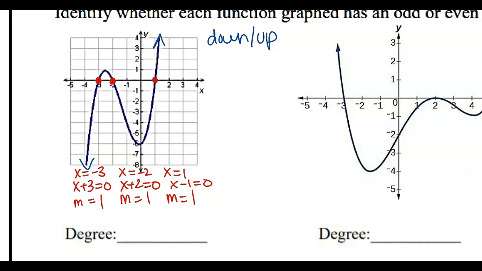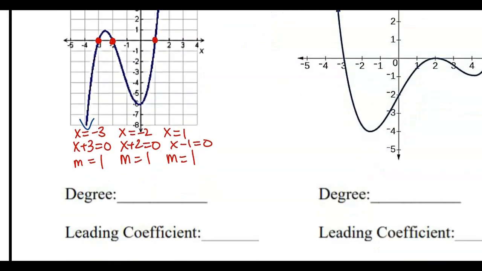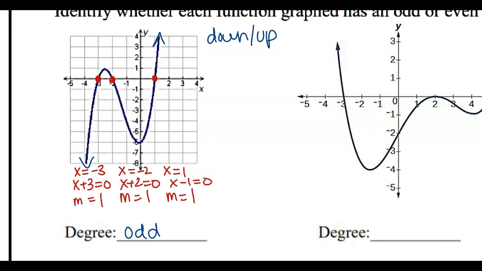What's the leading coefficient going to be, and what's the degree going to be? Valerie S., what's the degree and what's the leading coefficient? Say it again. Odd for the degree, okay. And what about the leading coefficient? Is it going to be positive or negative? No, try it again. Remember, this one's going down, then up.